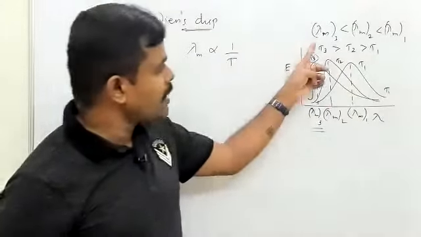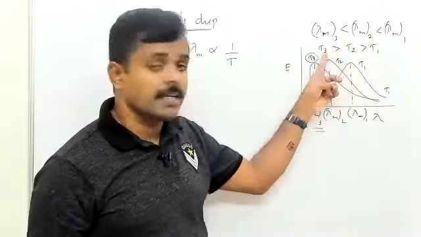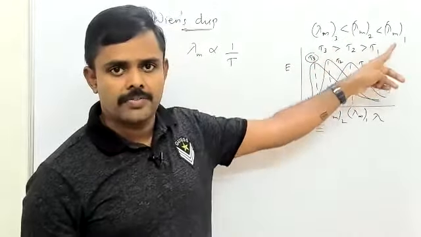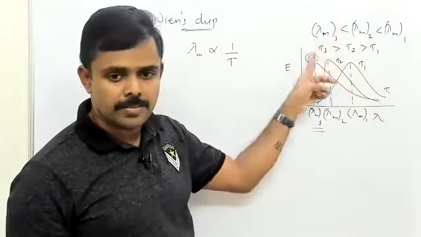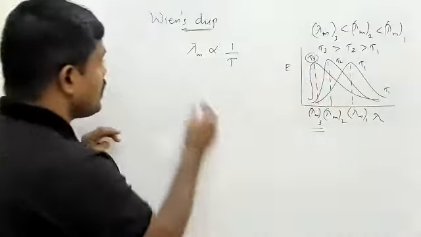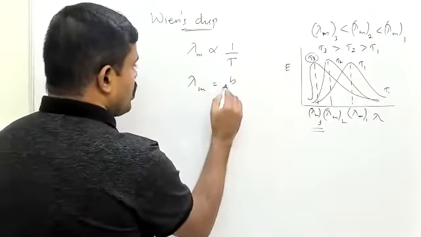Lambda m3 is less than lambda m2, less than lambda m1, so T3 is greater than T2, greater than T1. Smallest lambda m is for 3, greatest temperature is for 3. Which means lambda m is proportional to 1 by T, or lambda m is equal to a constant into 1 by T.